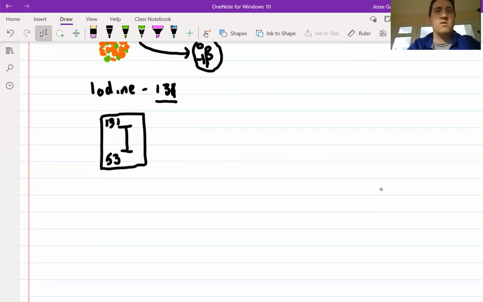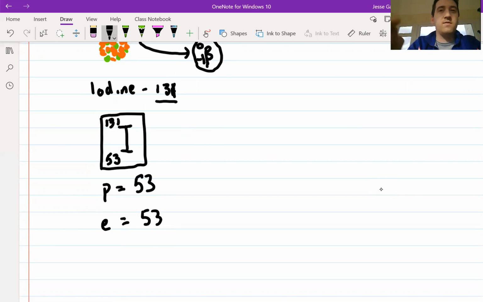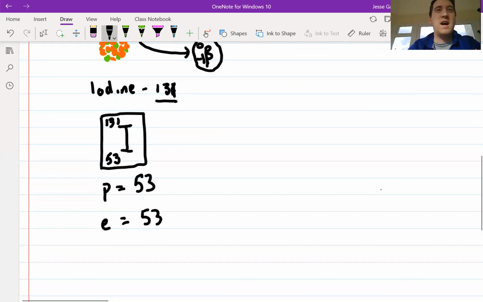Let's have a look at the nucleus. What's going on? Well, obviously iodine normally has 53 protons, sorry, because its atomic number is 53. It normally has 53 electrons because the charges have to be the same. And it normally has neutrons.